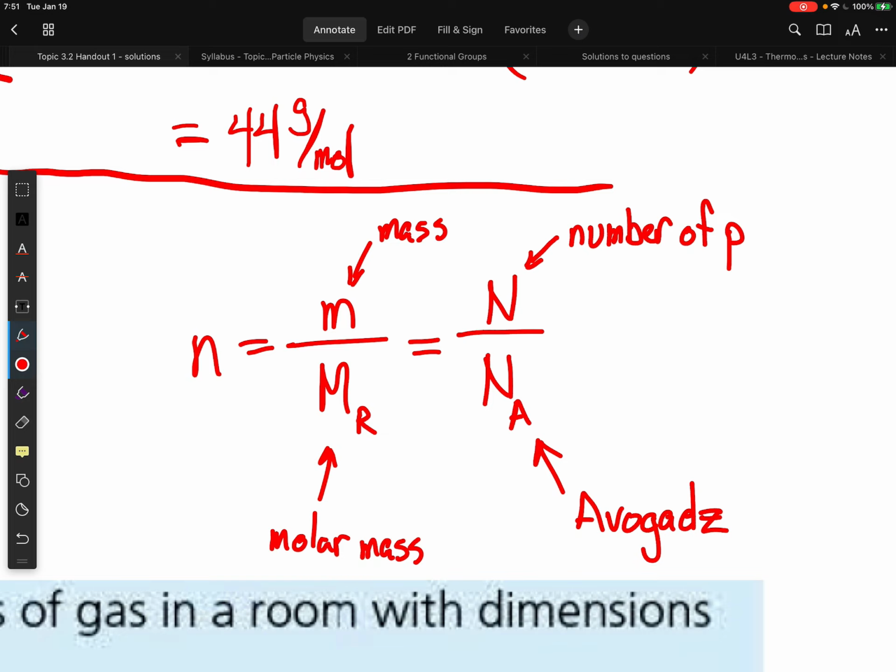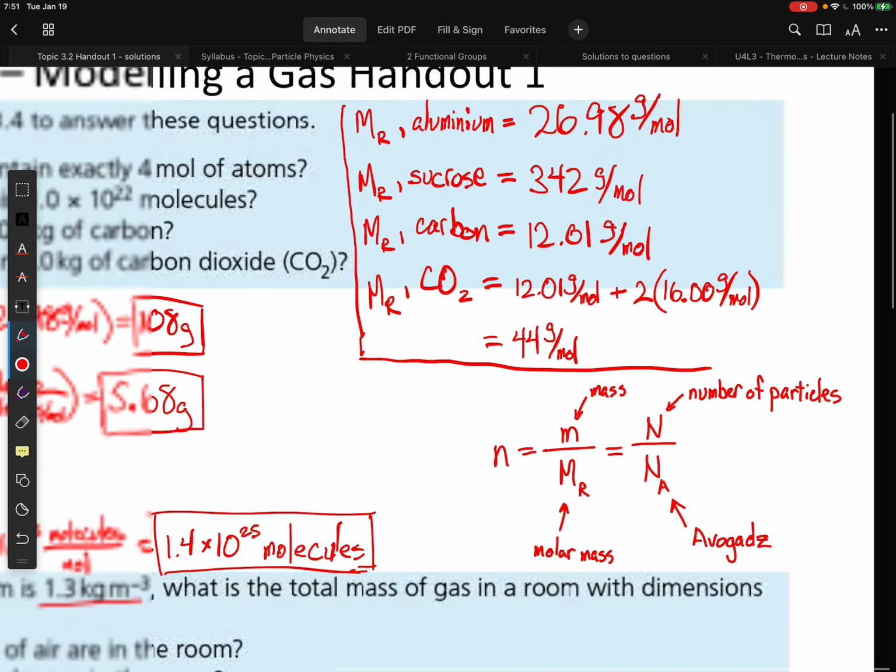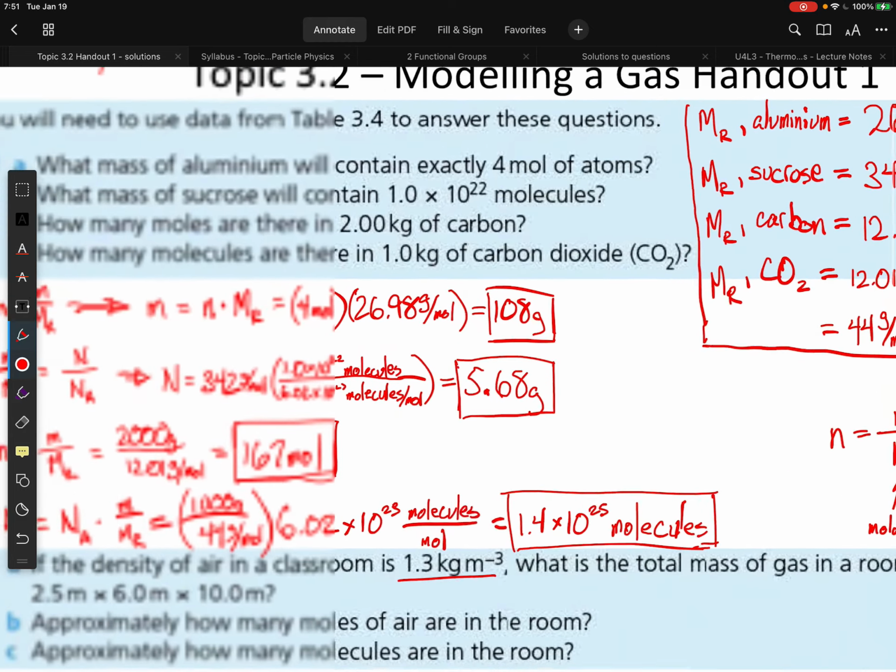There we go. Avogadro's number is also in your data booklet. So if you know this equation, you can handle all questions of this nature as long as you know the molar mass, which, again, will probably be given to you.